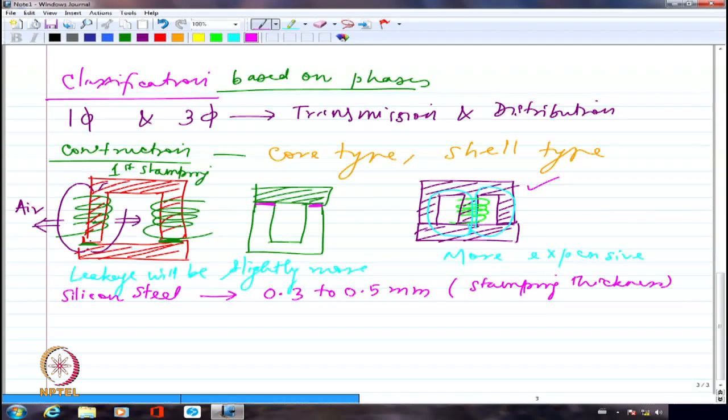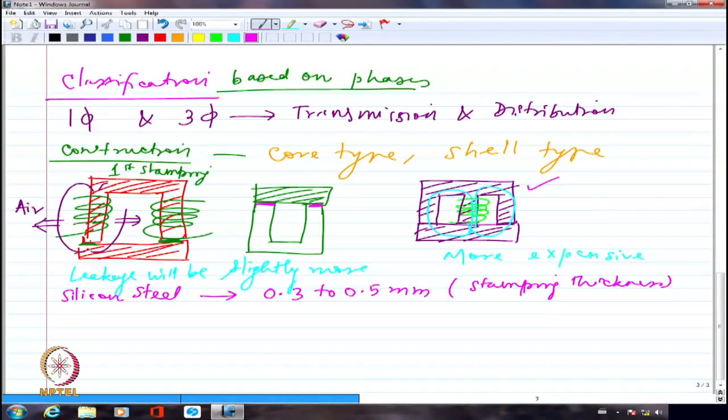And also, if you want to store some of the backups, you can always store a backup as a single phase rather than storing the entire 3-phase. So it saves on money, right? So that's the reason why normally 3-phase transformer banks are never directly 3-phase construction. It is 3 single-phase transformers connected in star or delta configuration.